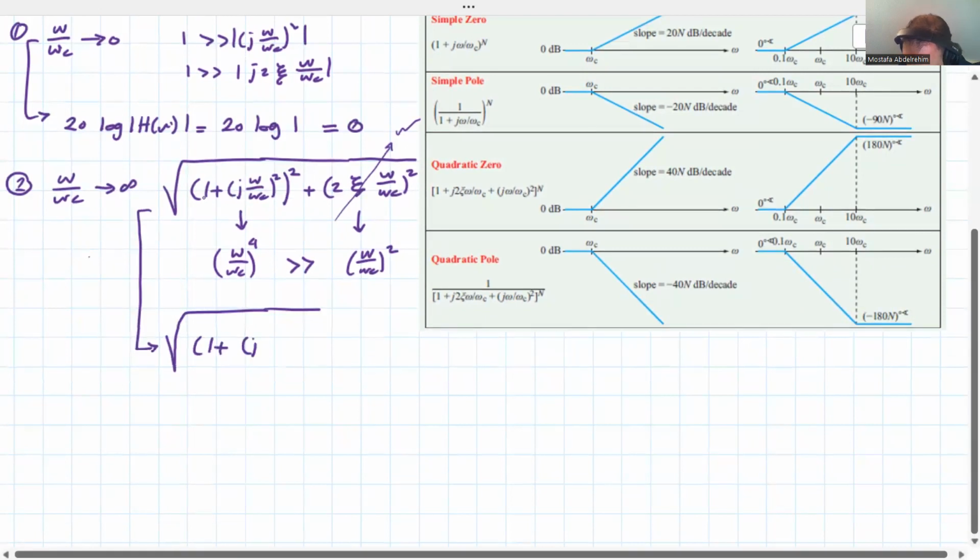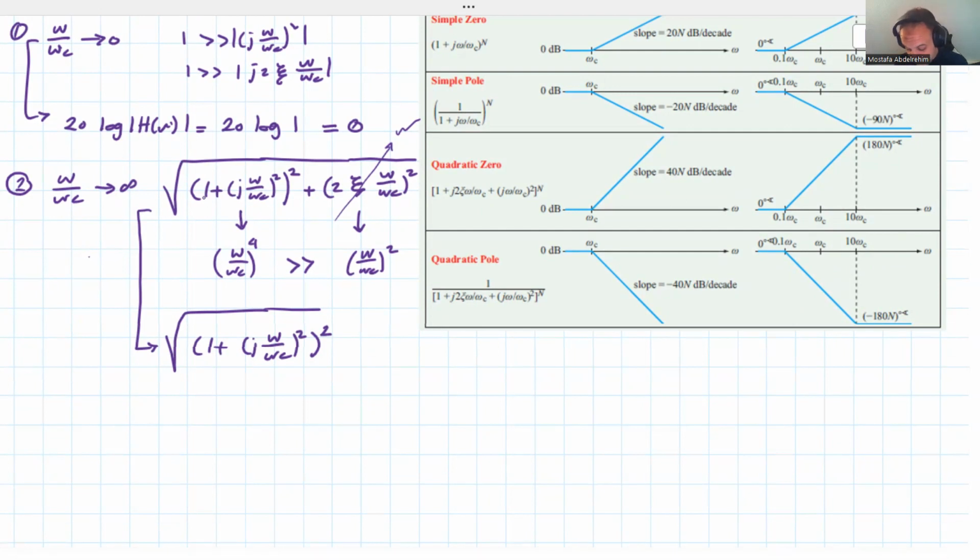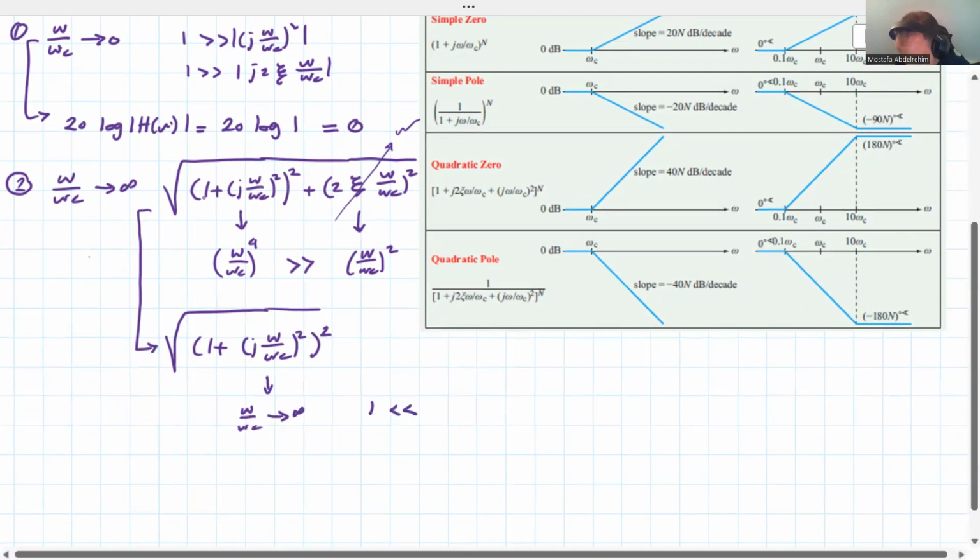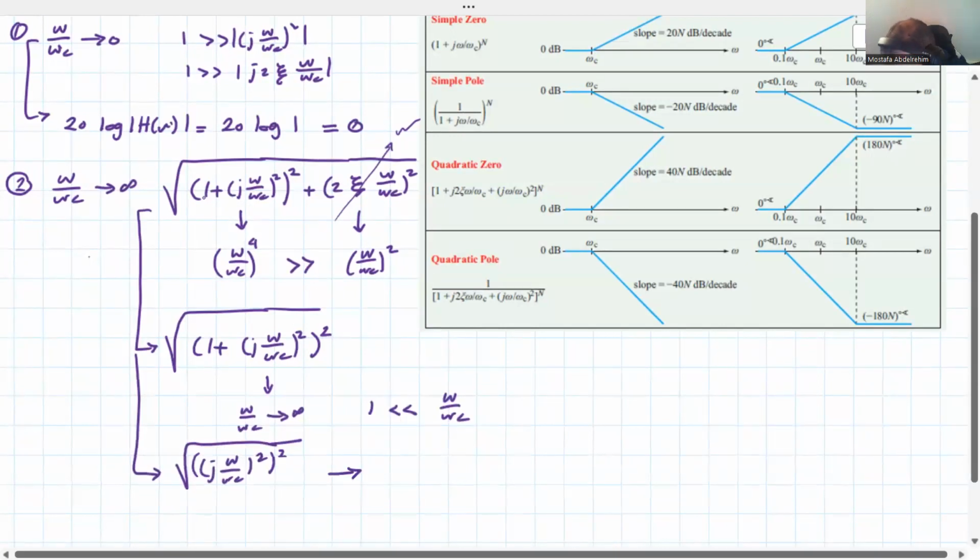1 plus j omega over omega c squared, and all of that is squared. And again, omega over omega c tends to infinity, so 1 is much lower than omega over omega c. So that term will end up like that, the square root of j omega over omega c squared, and here we have another square, and that will be omega over omega c squared.